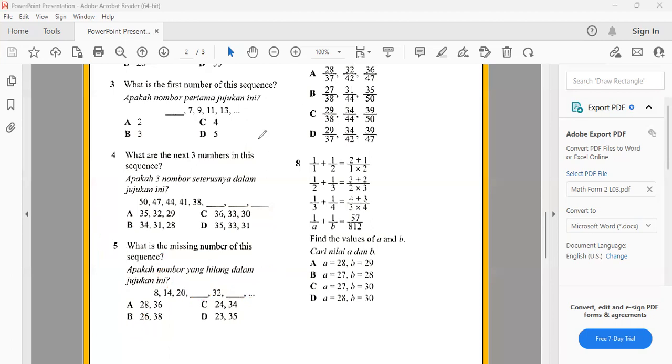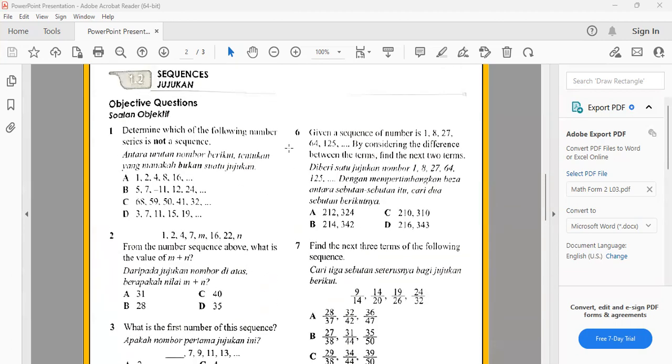Next question. We're going to go to the other side of the page. Given a sequence, now you look at it carefully. Whenever you read a sentence, don't rush. Take it slowly. Given a sequence of numbers, the numbers are 1, 8, 27, 64, 125.